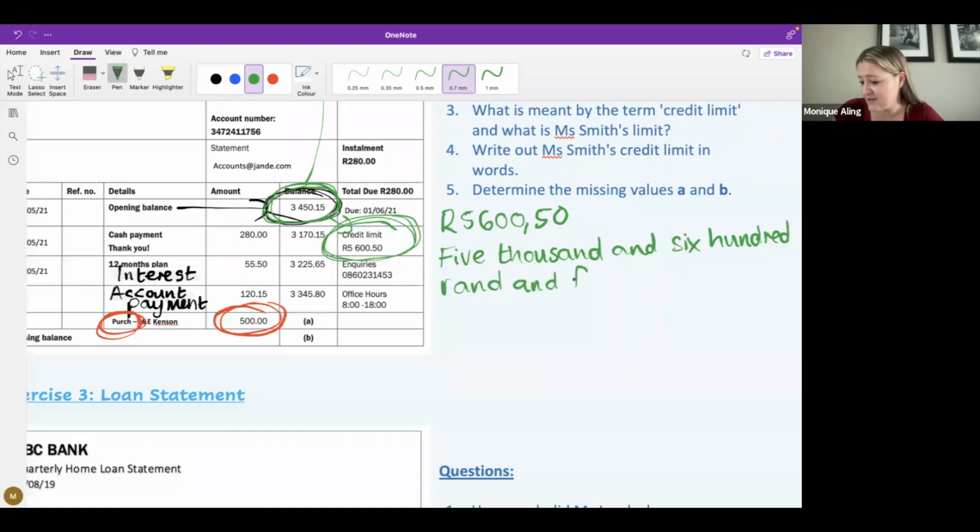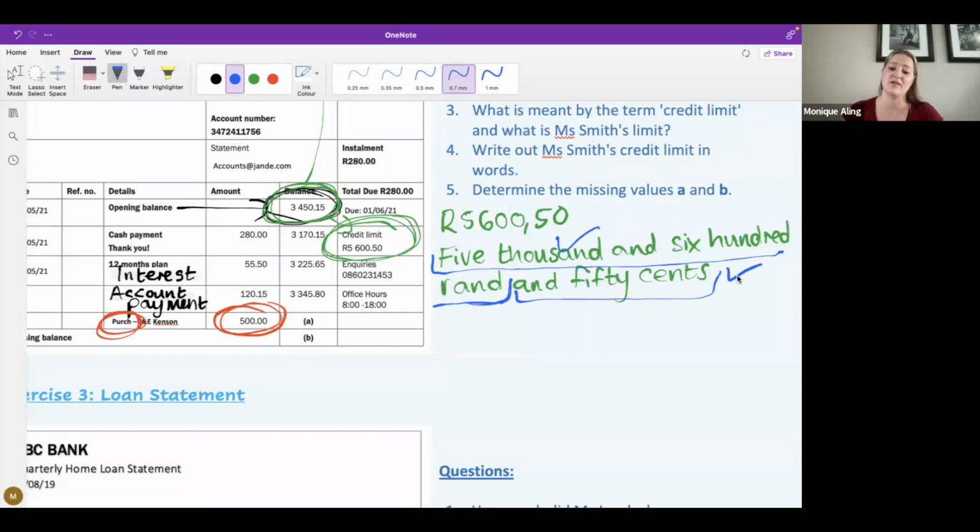And 50 cents. So you need to differentiate between the rands and the cents by saying rands and cents. So a typical question like this would be 2 marks. Up until rand, getting that whole part right will be 1 mark, and then and 50 cents would be your second mark, for example, if they ask this for 2 marks.